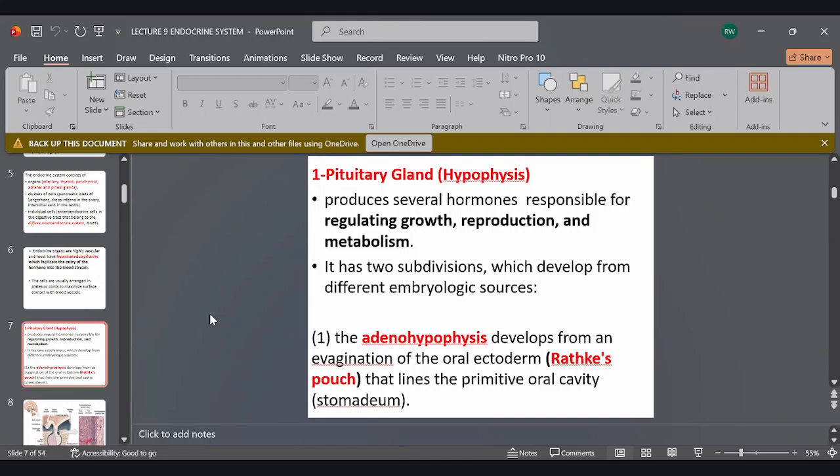Now, it is divided into subdivisions which develop from different embryological sources. For example, we have the adenohypophysis, which develops from an invagination of oral ectoderm, what you call Rathke's pouch, which lines the primitive oral cavity. So that's where it originates from, the oral ectoderm.